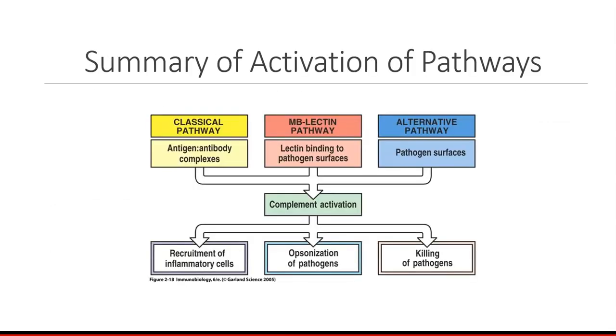Here is a picture that illustrates a summary of the activation of the pathways. The classical pathway requires antigen-antibody complexes, the lectin binding to pathogen surfaces, and the alternative pathway, pathogen surfaces. And they all end up in the same place.